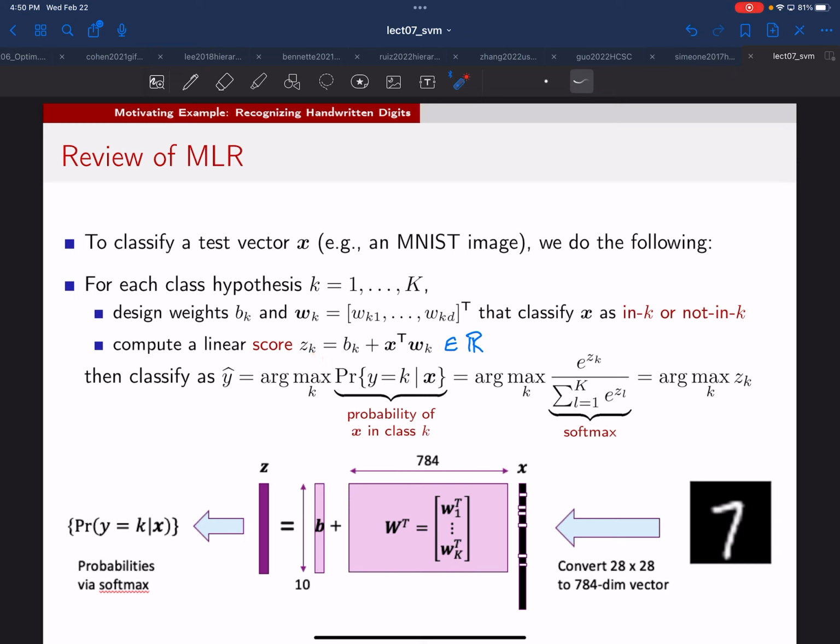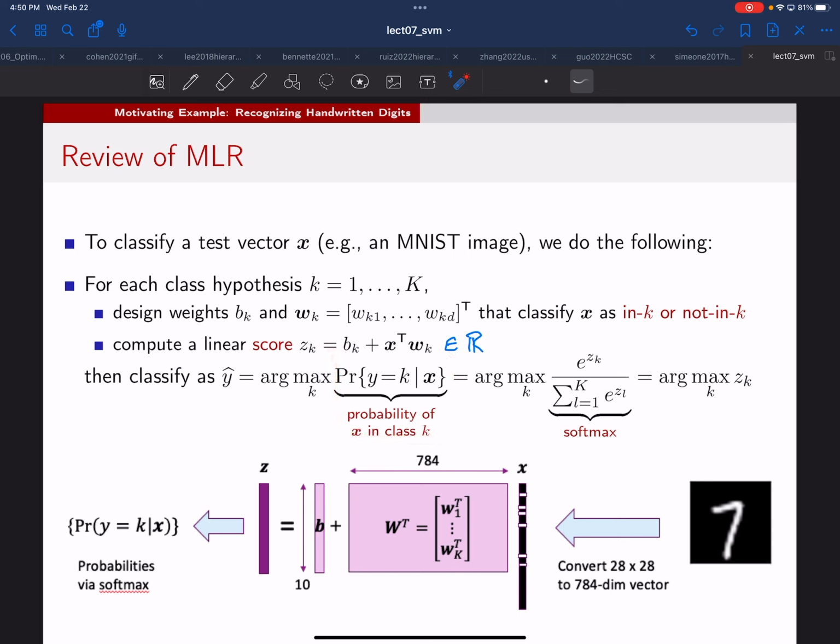And when the score is very small, a very negative number, that would be very low probability. That's basically what these scores mean. Another way we can think of this is through the probabilistic model that we used for logistic regression.